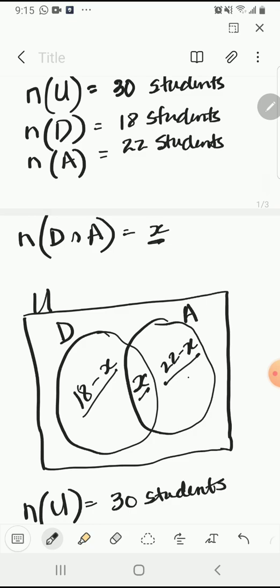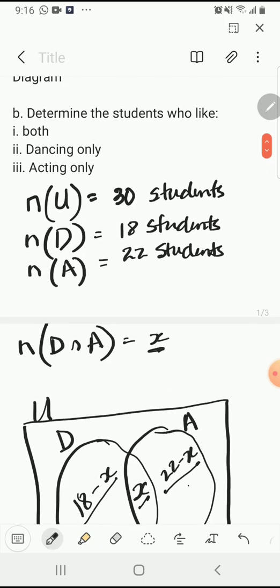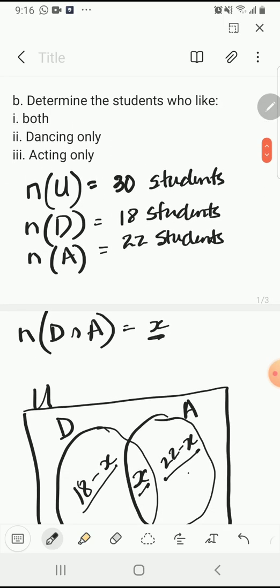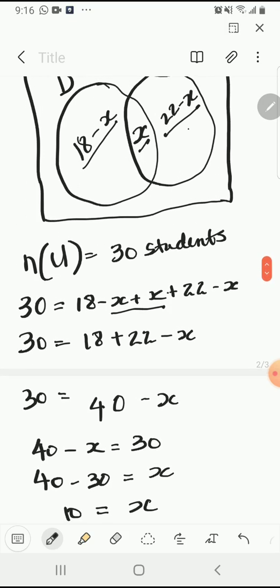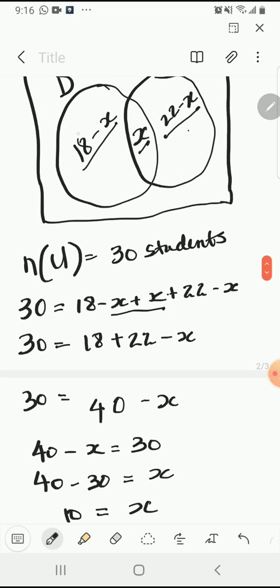So when we add 10, dancing only and acting only, we should get 30. Now we're answering part B2, dancing only. Alright, so remember we said that dancing is 18, but dancing only is 18 minus x.